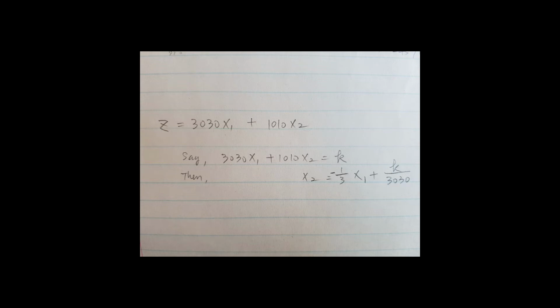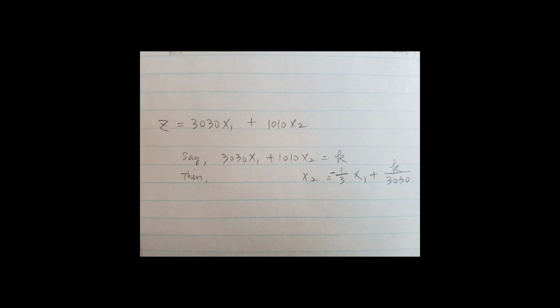Z equals 30x1 plus 10x2. If you set this equation as k and solve for x2, then you get x2 equals negative 1/3 x1 plus k over 10.